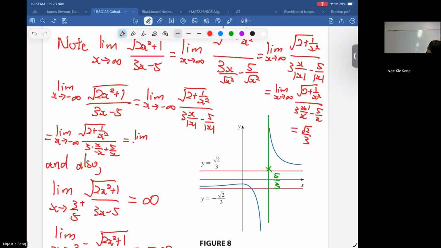Okay. Over minus 3 plus over x. Okay, so in this case, you should get minus square root 2 over 3. So the minus sign comes from the minus 3. So that we really get this picture here. I didn't realize that I didn't get this.